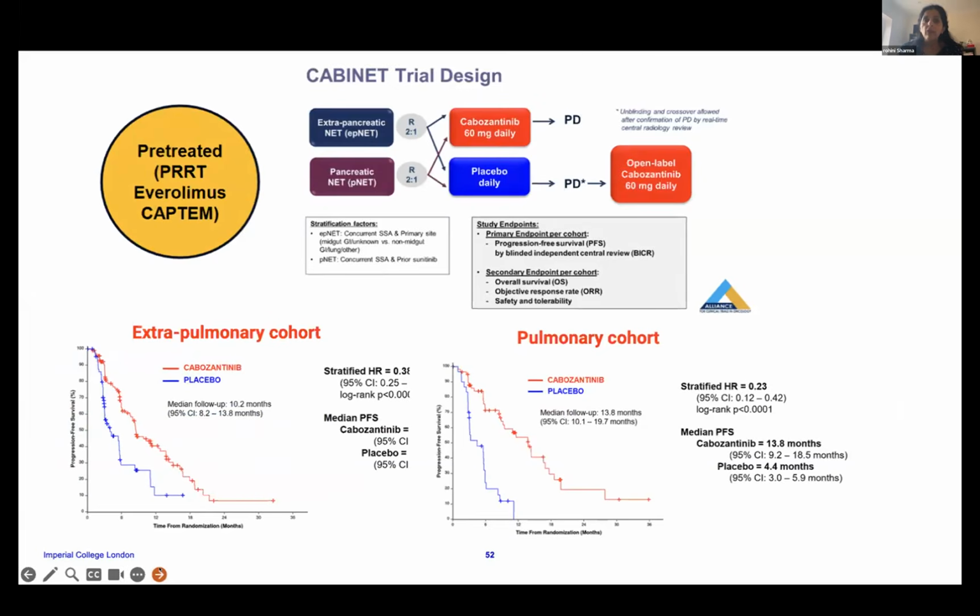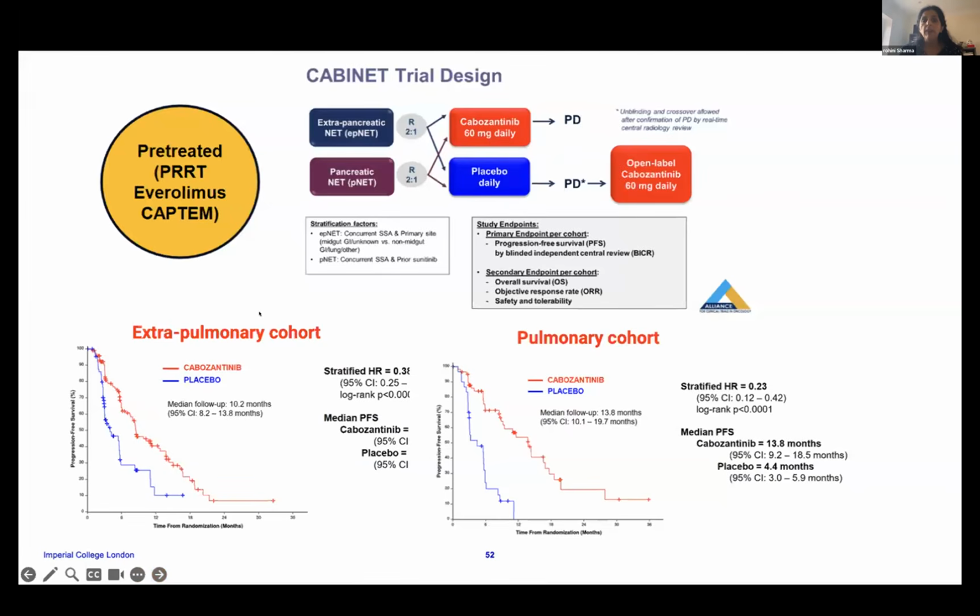In an effort to try and answer this question was the Cabinet study, which was only published last year. And in this particular trial, all patients had to be pre-treated. So they all received treatment with either lutetium dotatate, everolimus, or CAP-TEM. And they were randomized in a 2-to-1 ratio to receive either cabozantinib or placebo.